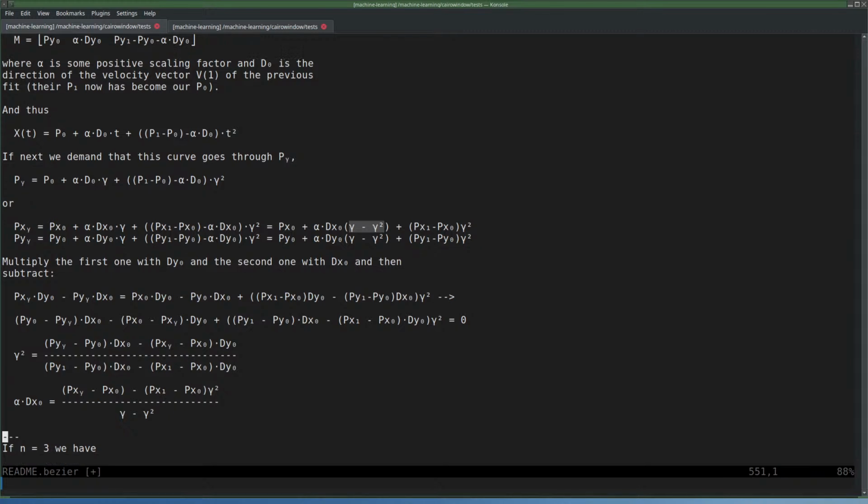So apparently gamma cannot be 0. And it would be 0 if these two are equal, which means that the direction d0 is perpendicular to the normal of the vector from p0 to p gamma. Interesting.